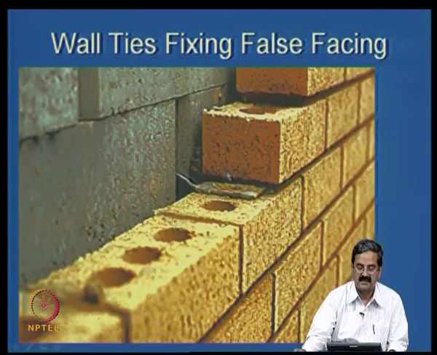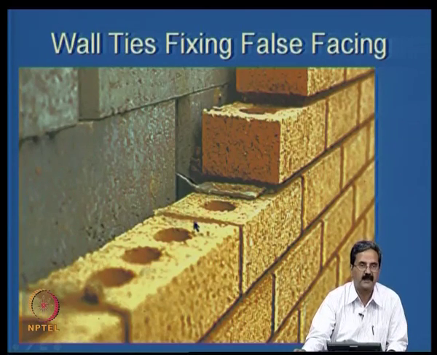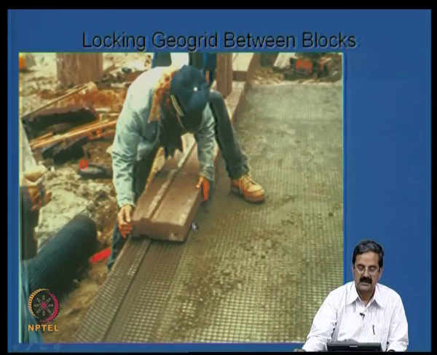Wall ties, fixing false facing. You can have false facing also. It may be the actually required facing, or it can be a nice facing, whichever you want, like people have false roofing. Locking geogrid between blocks is one type.